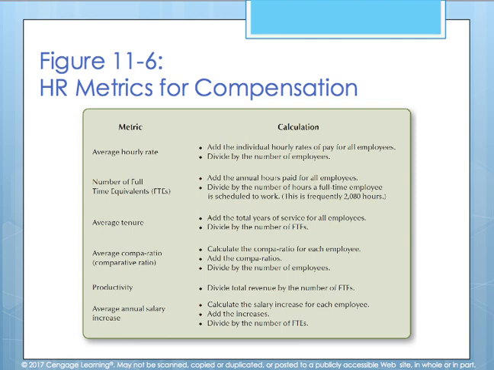When you look at how that calculates, then when you look at average tenure, you add the total years of service for all employees, then divide by the number of FTEs. So of course you have to already have your FTEs calculated.